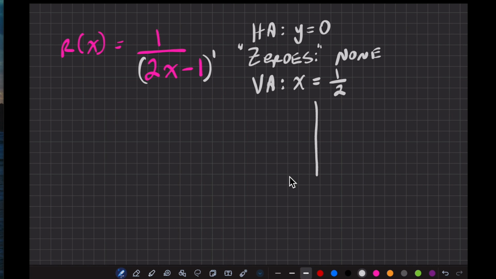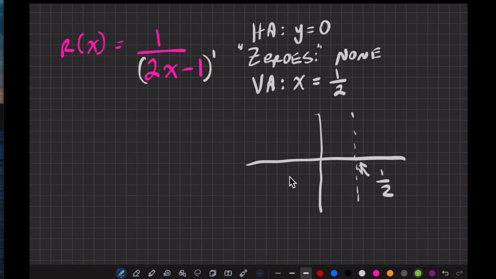What do I mean by that? Well, let's say quickly that this is our vertical asymptote for this graph, and it's going to be at x equals 1/2. Because this is an odd multiplicity, as the graph approaches the vertical asymptote from the left, it's going to head towards positive infinity, and from the right, it's going to head towards negative infinity, or vice versa.